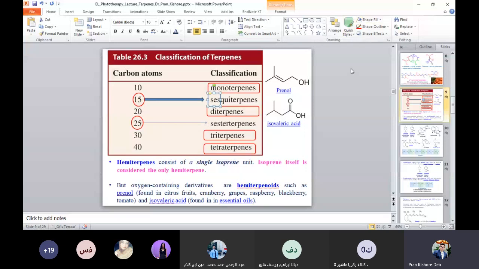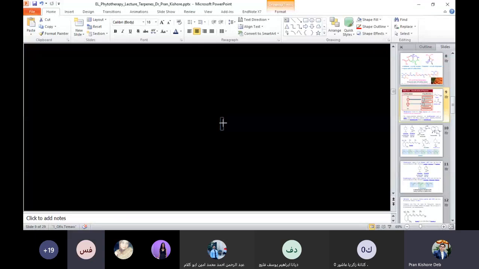After ses, what starts? Sesquiterpene, the 15, starts with Q, and 25 starts with T. So which one comes first, T or Q? Q comes first.